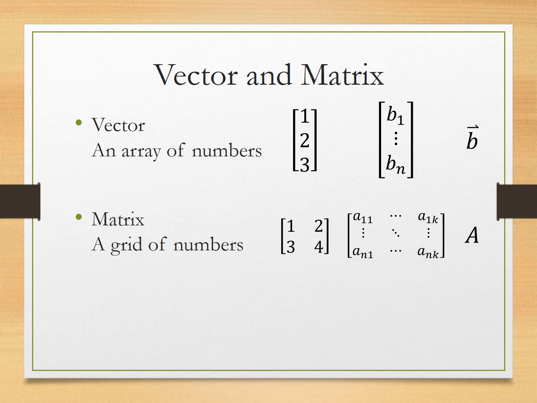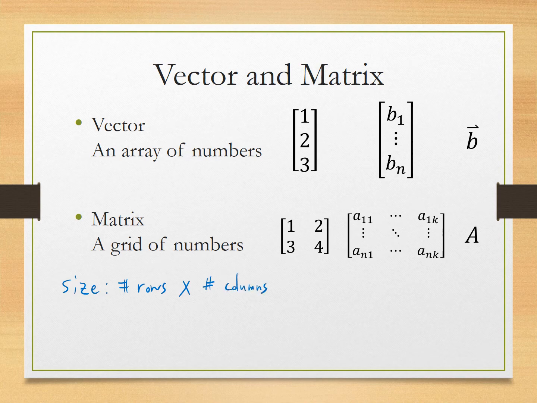Some additional concepts about matrices is the idea of the size of a matrix. So how big is a matrix? How big a matrix is is described by its size. Size is the number of rows multiplied by the number of columns.